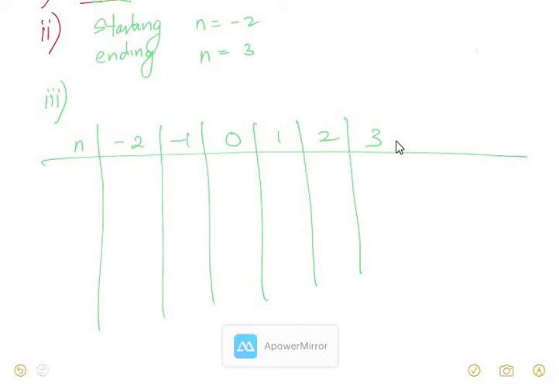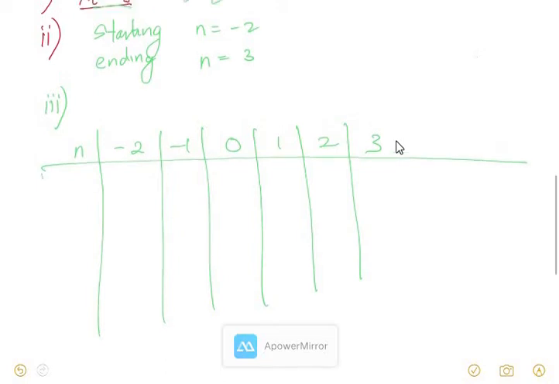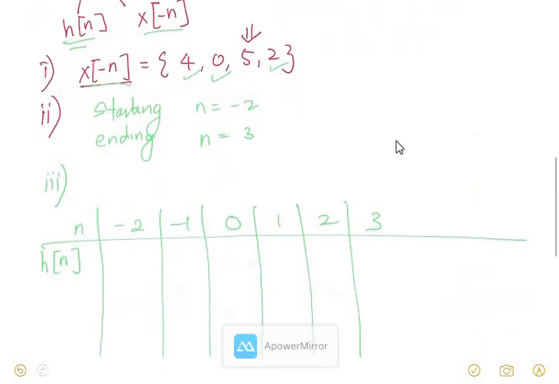So you have the starting index is -2. So your h[n] is 314 and the x[-n] is 4052.